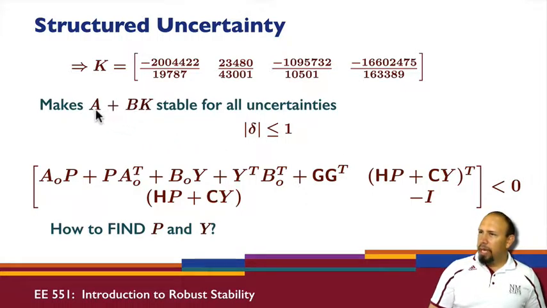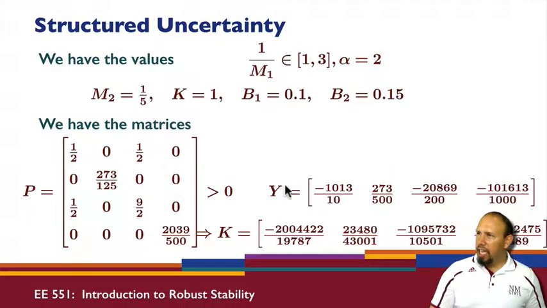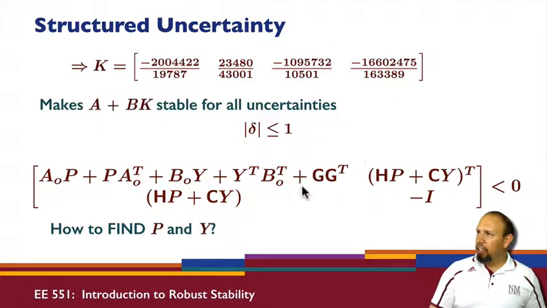So this makes A plus BK, remember, A and B have our uncertainty in them, stable for all uncertainties, and it satisfies this linear matrix inequality. Somehow or other, I found a P and a Y that satisfy this linear matrix inequality. Wow, how did that happen? How to find those? Well, you know the drill.